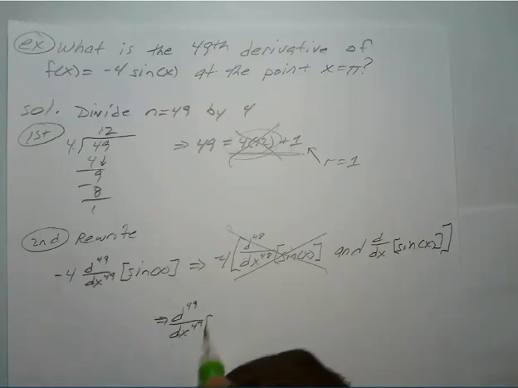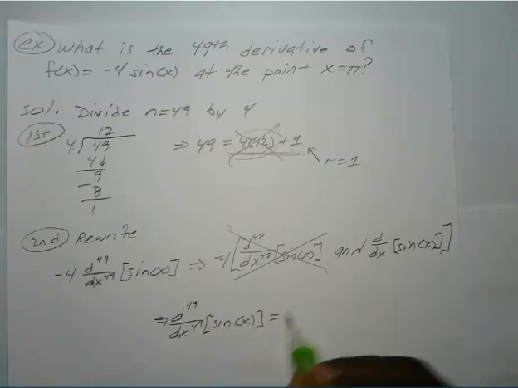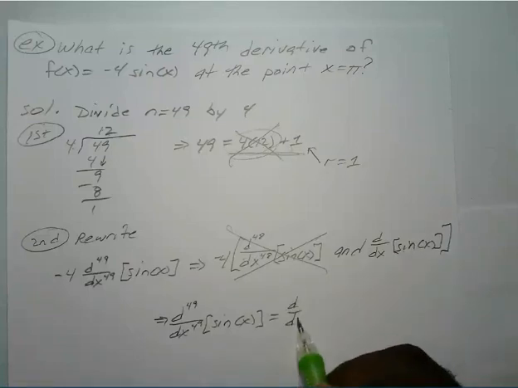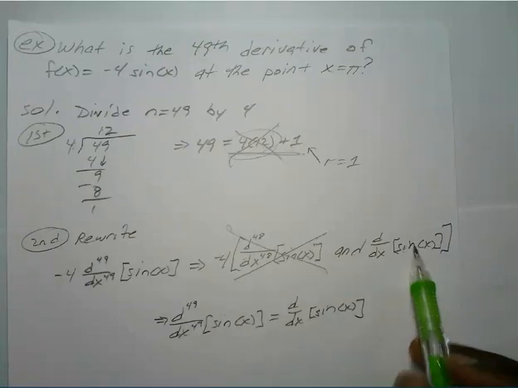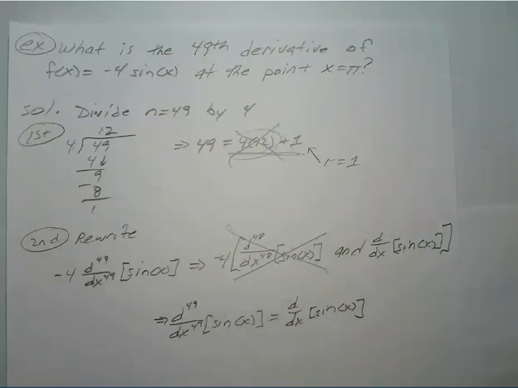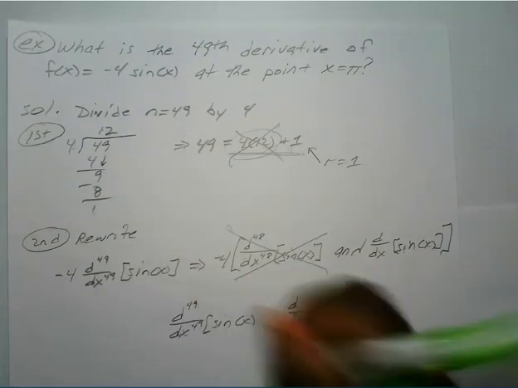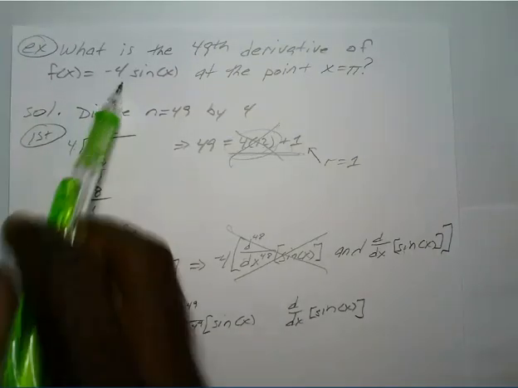So that means your 49th derivative of sine of x is equal to the derivative of sine of x. Remember, it only depends on what your remainder is. And the derivative of sine of x, oh, forgot my -4. You don't want to forget, as you can see, it's very easy to do, your coefficient in front of it.